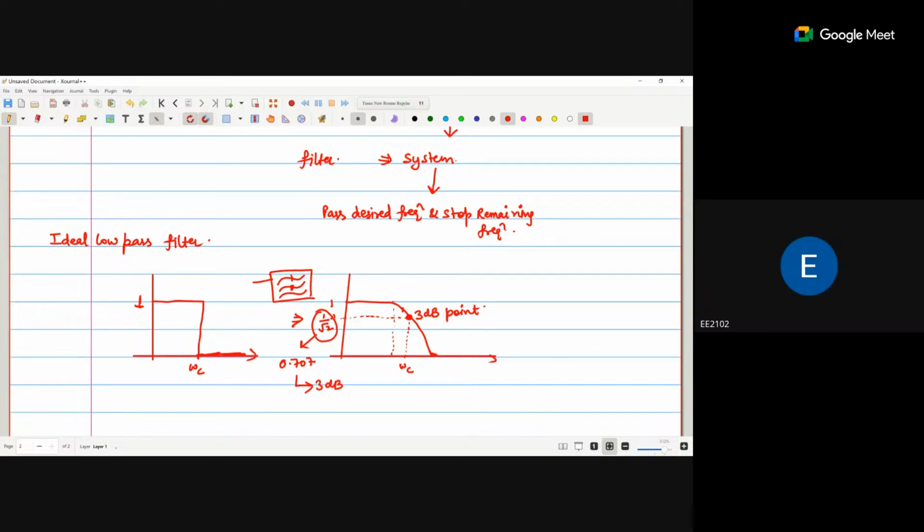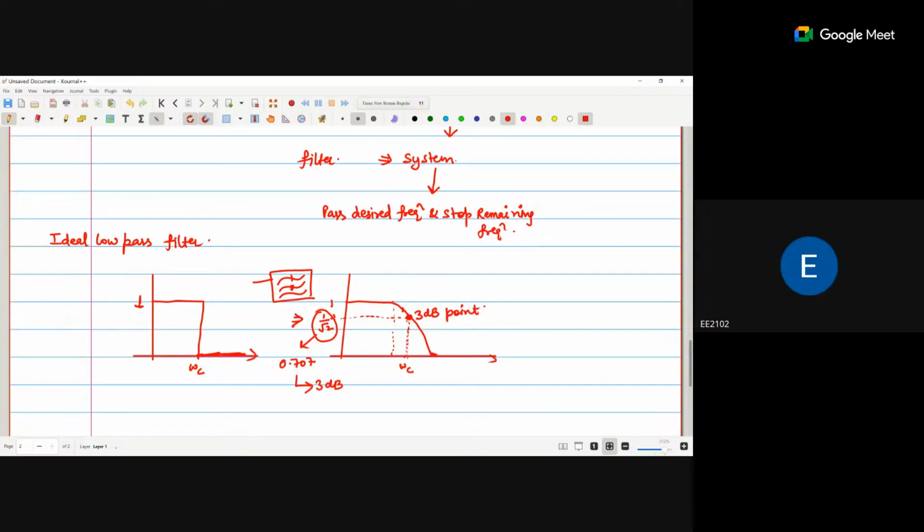So where the magnitude is reduced by 3 dB, or 1 upon root 2 times the maximum magnitude, that is called the 3 dB point. And we calculate the frequency with respect to this 3 dB point. So that frequency is called omega c.